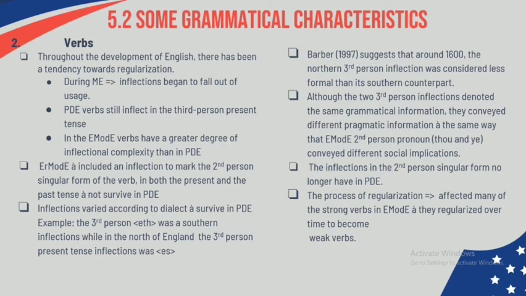In early modern English, verbs had a greater degree of inflectional complexity than present-day English verbs. Early modern English included an inflection to mark the second person singular form of the verb in both the present and past tense, and these rules did not survive in present-day English.